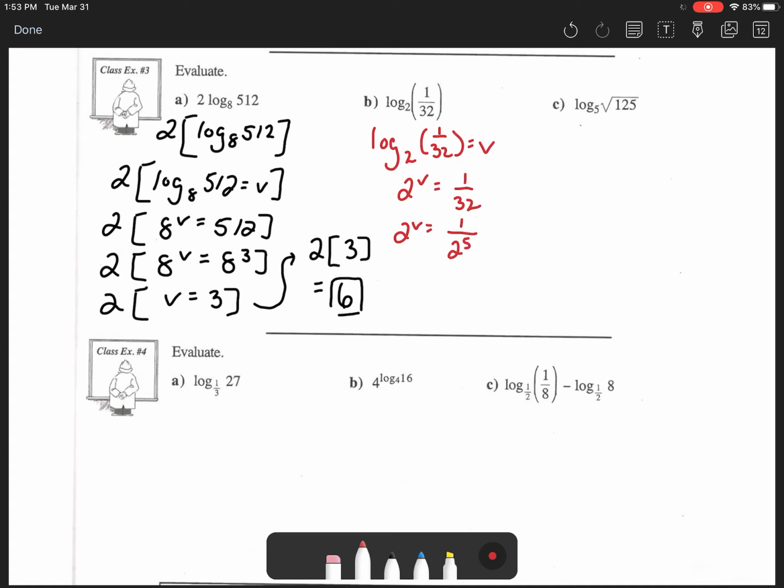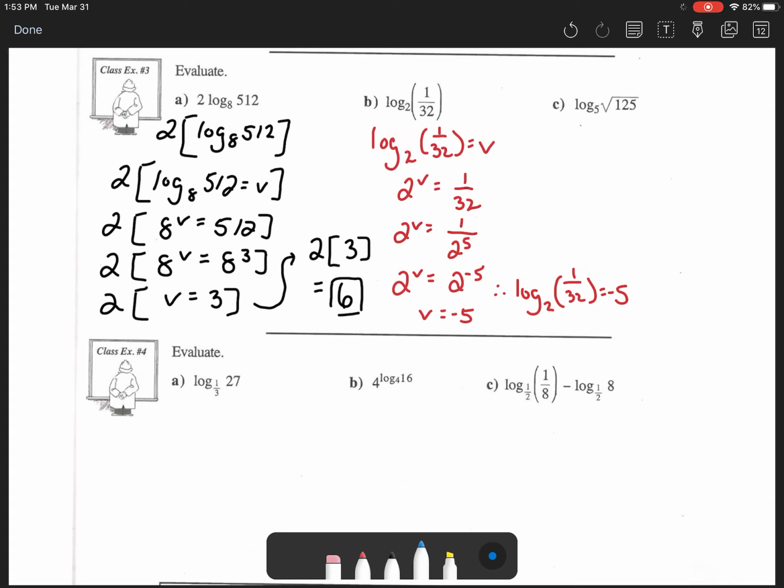The issue here is that 2 to the exponent of 5 is in the denominator. So I want to bring that up to the numerator, but when I do, I have to make that exponent negative. Okay, now I can equate the exponents. So v is equal to negative 5, and therefore, okay, you can just say that log base 2 of 1 over 32 equals negative 5.